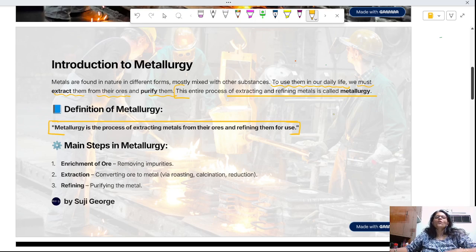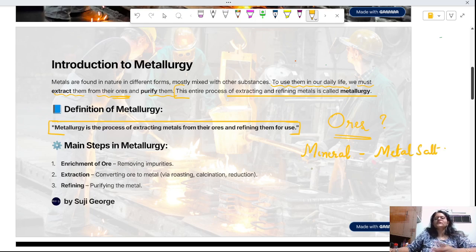And what are ores? I mentioned the word ores two times over here, from their ores. Yes, what is ore? I already told about minerals. That is metal salts. What are salts?